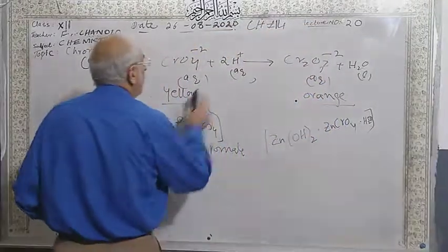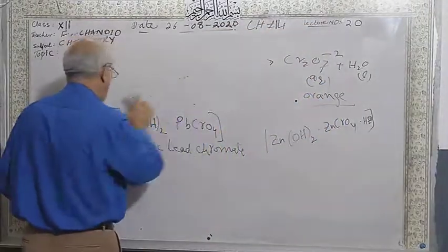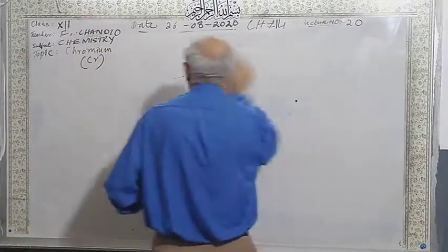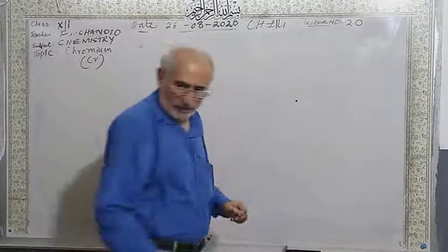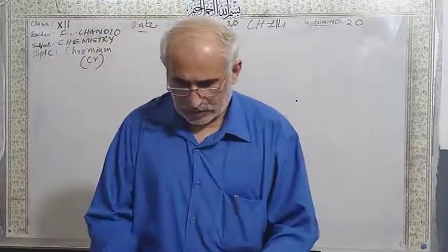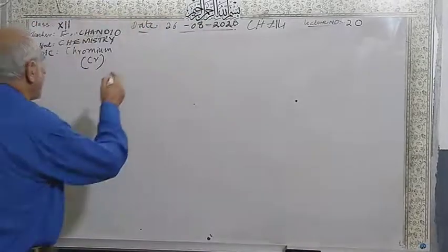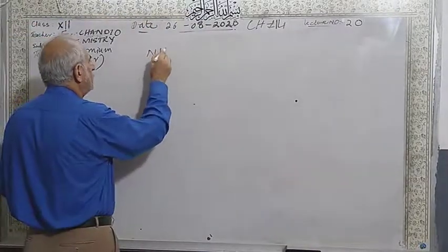If you are talking about the dichromates, you have ammonium dichromate, sodium dichromate, and potassium dichromate.